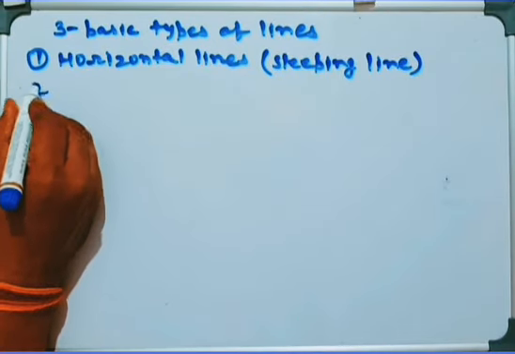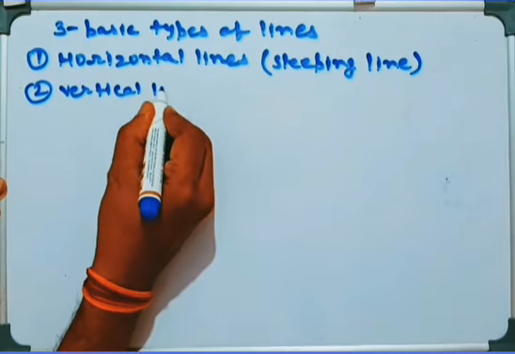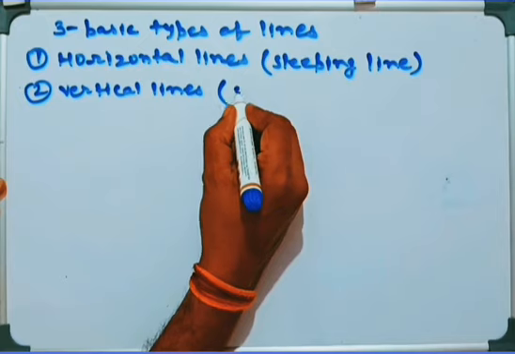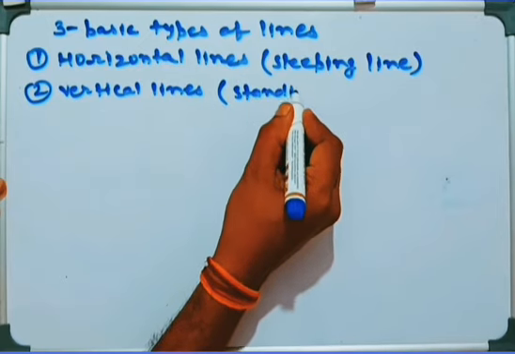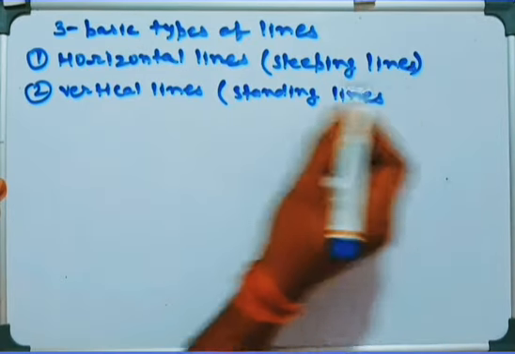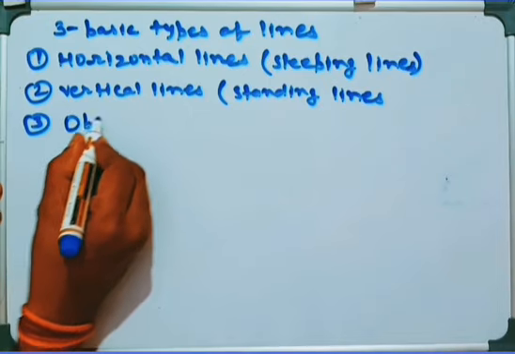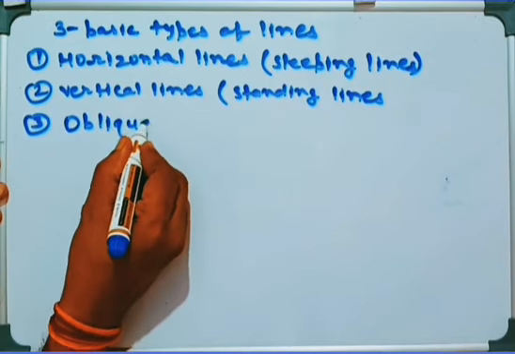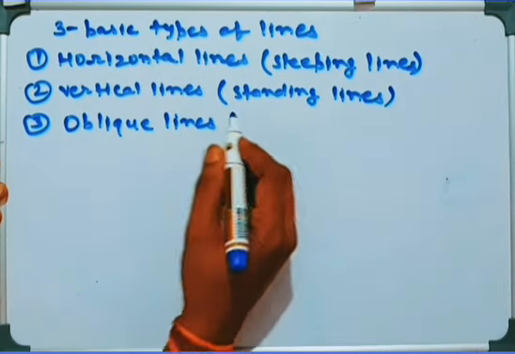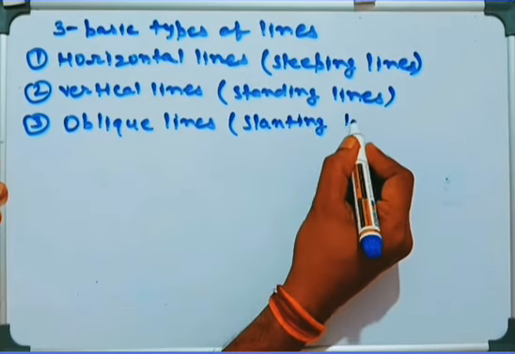Second one is vertical lines or standing lines. Third one is oblique lines or slanting lines.